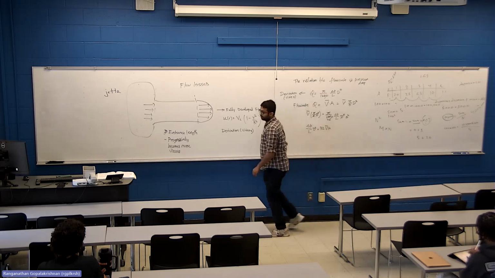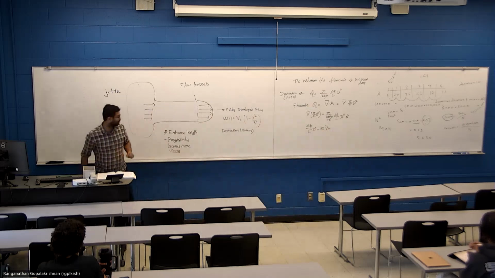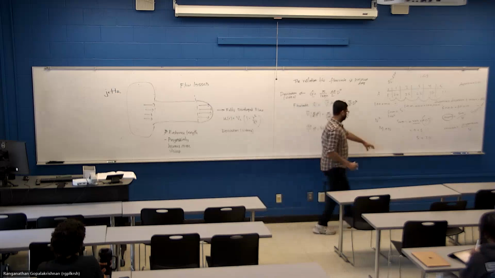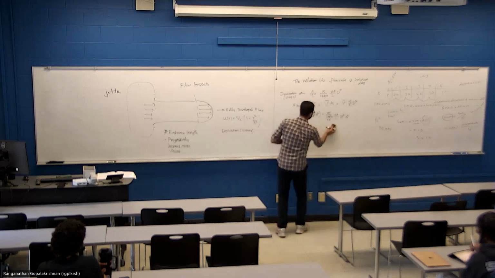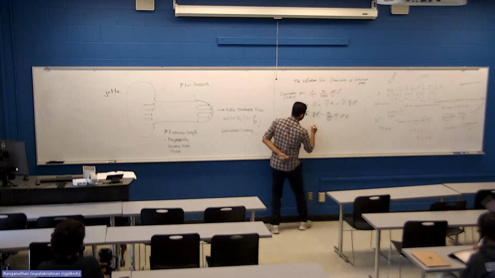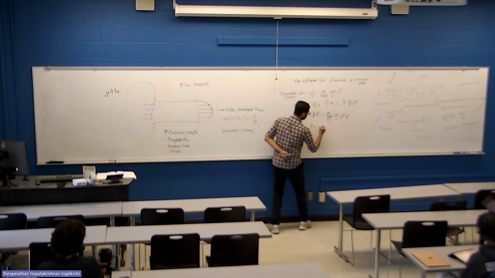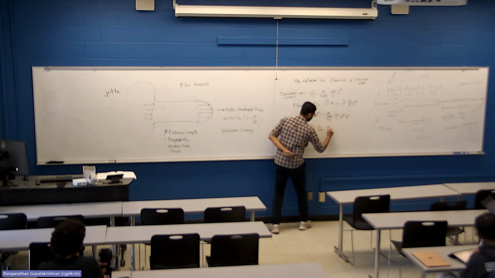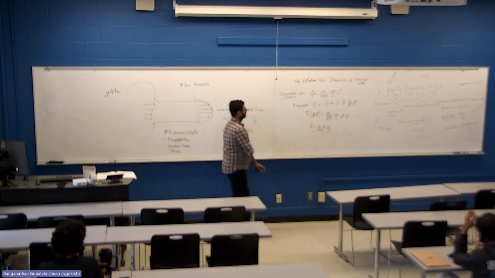And we can rewrite this as V bar equals 1 over 32 mu times delta P over L times d squared.